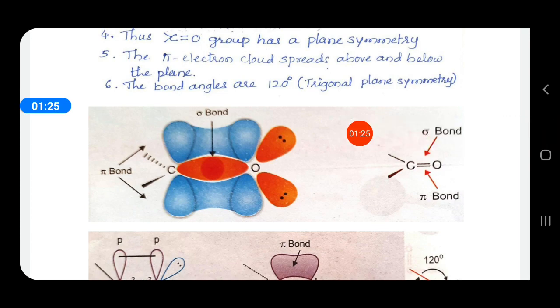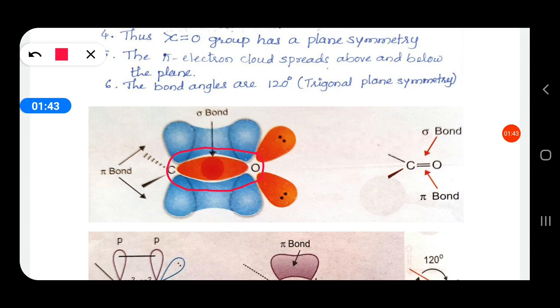Carbon forms 3 sigma bonds. One is formed by overlapping of one of its sp2 orbitals with an sp2 orbital of oxygen. So the carbon-oxygen sigma bond is formed.